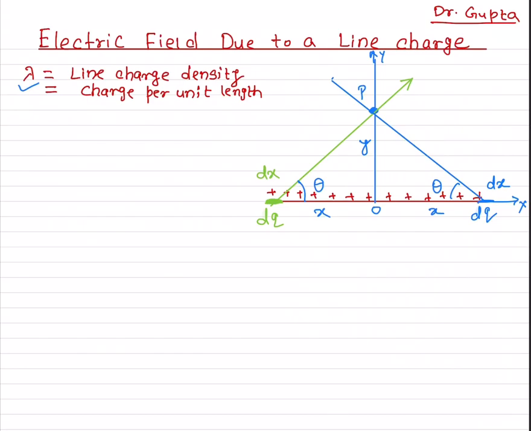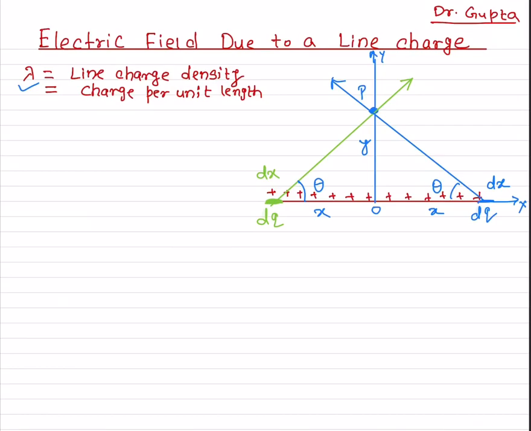Now, if we take this tiny charge dq, then the electric field due to it at this point is away again, so the direction in this case will be along this direction. So we have the electric field in two different directions due to the two tiny charges.